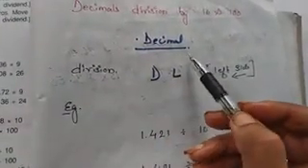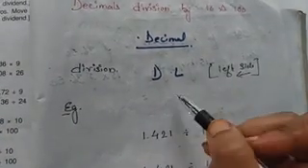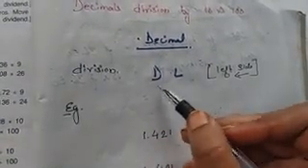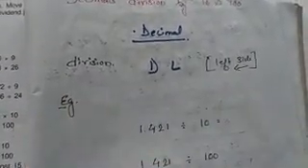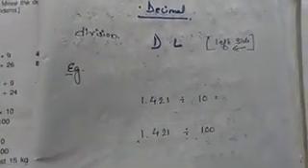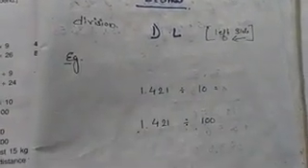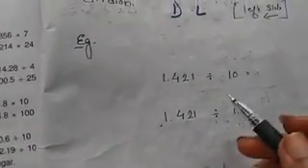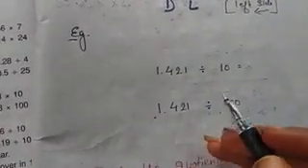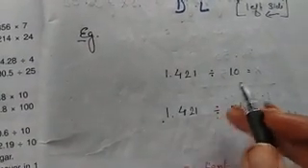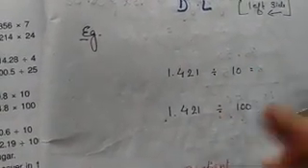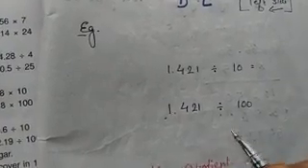Here the point is denoted for decimal, and the short form is D L: D for division and L for left side. I have to move to the left side, as you have to move the decimal point in the dividend to the left by one place if the divisor is 10, and by 2 places if the divisor is 100.